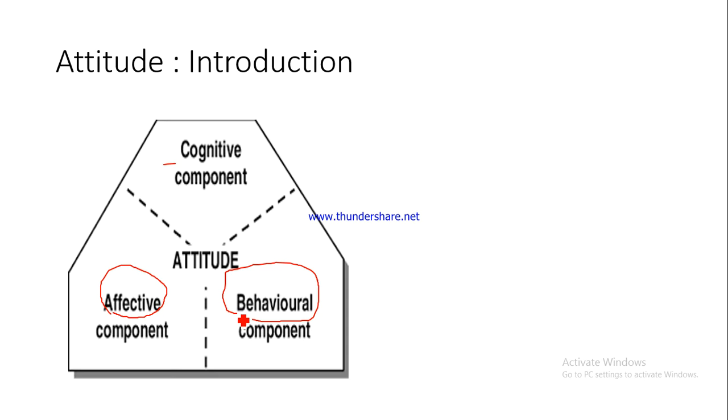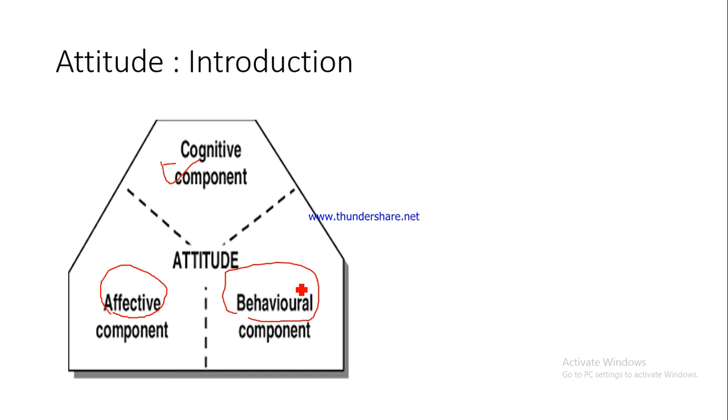So for example, let's take Parle-G biscuits. You may have an attitude towards Parle-G biscuits, and that would comprise three aspects: what you think about Parle-G biscuits, the cognitive component, how you feel about Parle-G biscuits, that is the affective or emotional component, and what you do as far as Parle-G biscuits are concerned. Do you buy them?